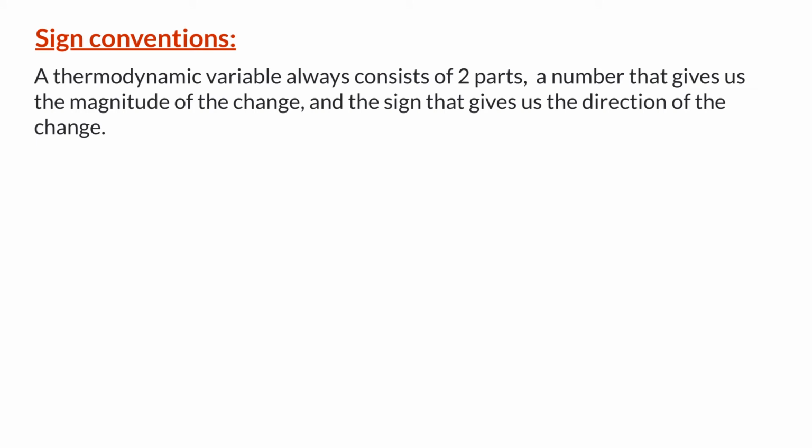Next, let us discuss the sign conventions for the first law of thermodynamics. A thermodynamic variable always consists of two parts: a number, which gives the magnitude of the change, and the sign, which gives us the direction of the change. In chemistry, we always use the system's point of view to represent the sign of a thermodynamic variable.